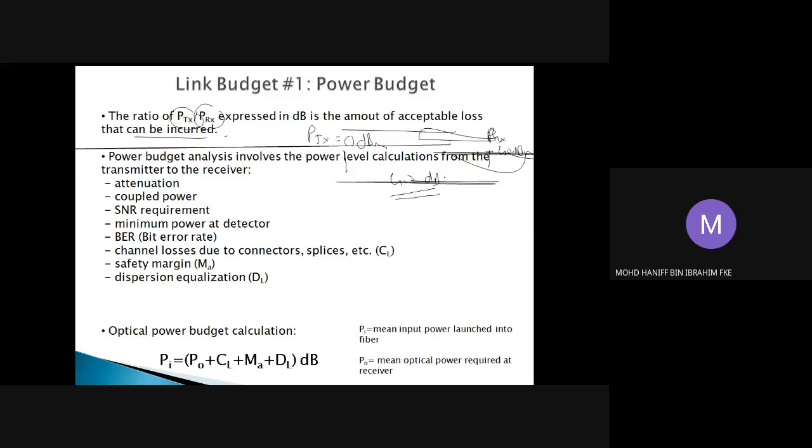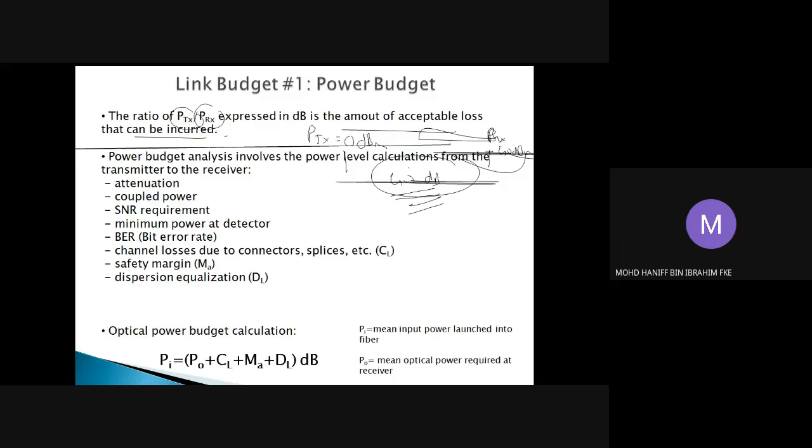It means that this 40 dB will be the allowed loss in your system, which may be incurred by the fiber itself, by the connectors, the splices, or by the attenuation. So this will be the allowed value of attenuation or loss in your channel.